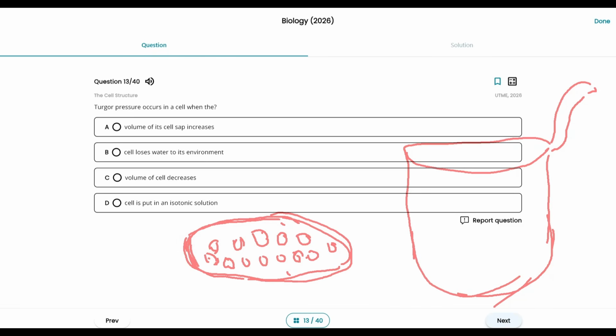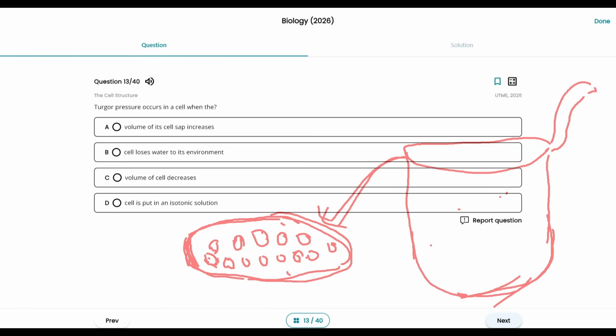Mainly when water enters from here, let's say this is water, there are many waters here. Now, the pressure that is exerted by this cell content against the cell wall when water enters the plant cell and the cell sap increases.